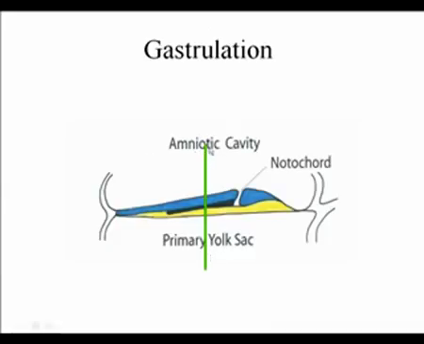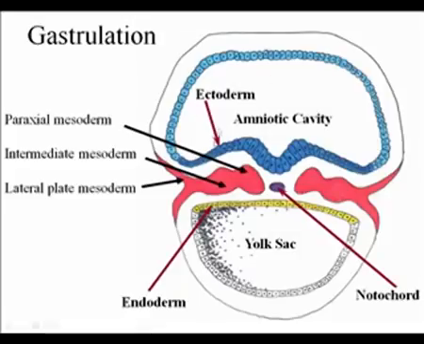So if we take a planar section through here, what we see now, to complete our story, is an amniotic cavity lined by amnioblasts in light blue, ectoderm in dark blue. We have mesoderm below it: paraaxial mesoderm, intermediate mesoderm, and lateral plate mesoderm.